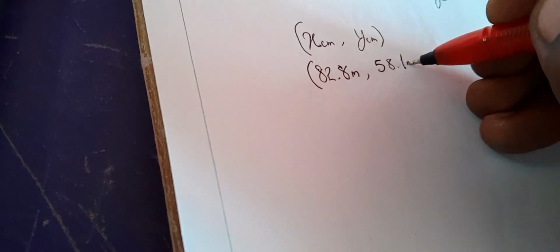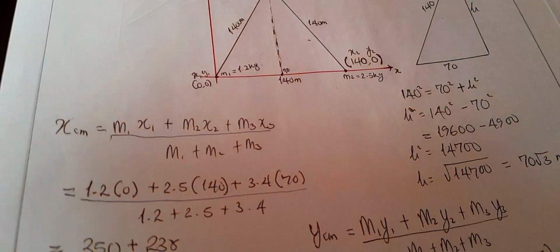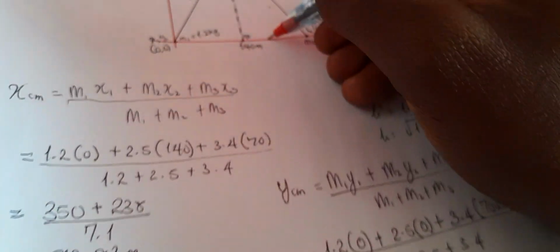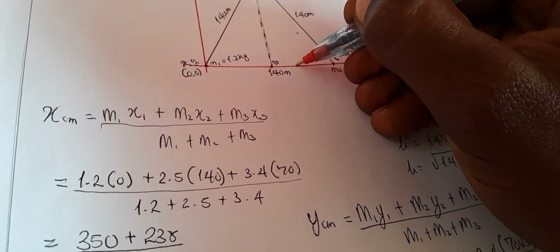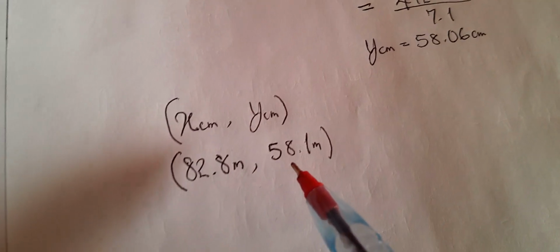I'm going to say 58.1 meter. All right, we can actually locate these points in our graph. X is 82.8. If here is 70, it should be around this point. Y is 58.1.